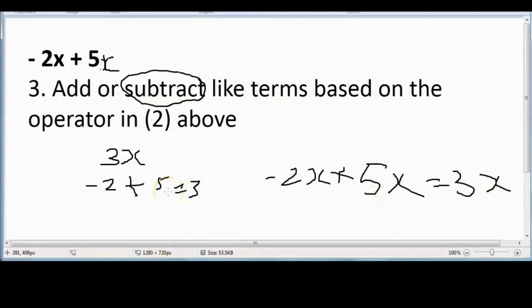It's the same thing as saying subtract 2 oranges from 5 oranges. What is left is 3 oranges. You don't just say 3. 3 what? 3 oranges. So you need to put the x here. 3x.